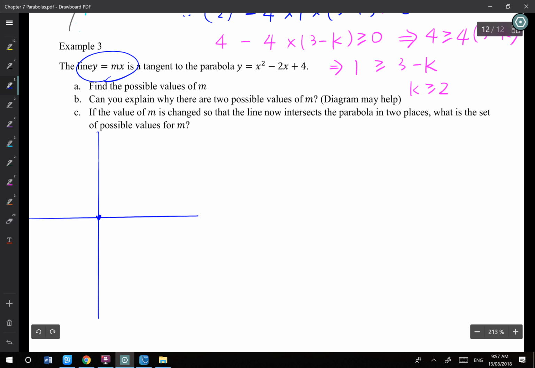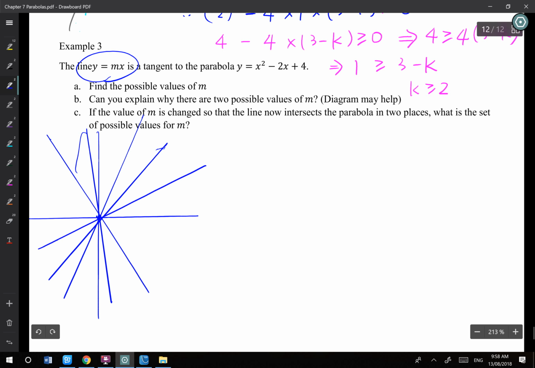Different m is a rotation, and all the lines will intersect here. You can have one like this, one like this, one like this. It's just a rotation. That's the y, that's the x.